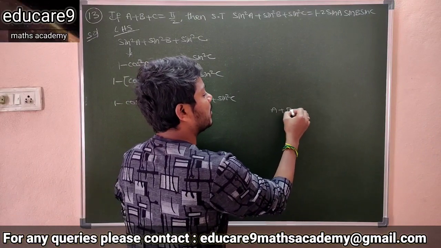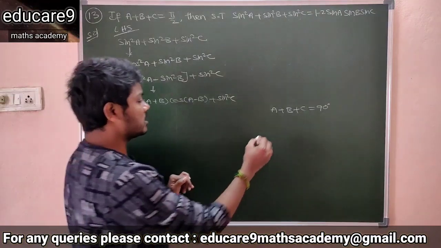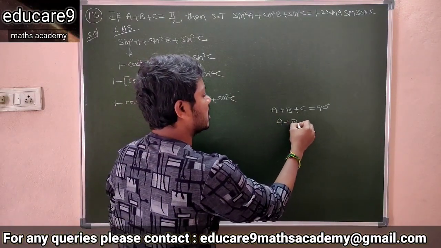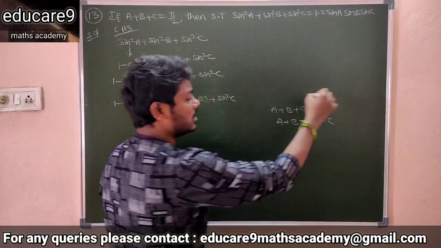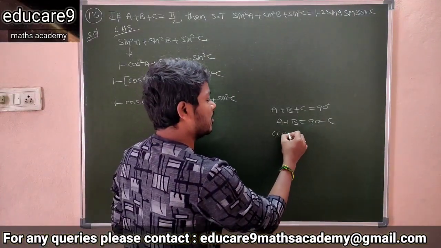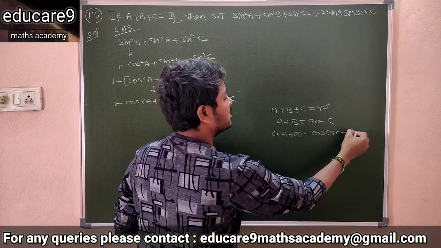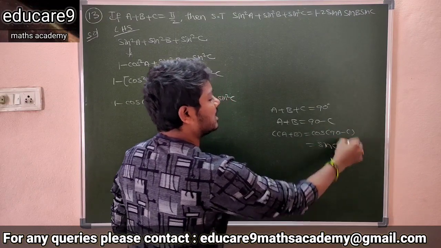But here given a plus b plus c is equal to 90. So a plus b is equal to 90 minus c. Apply cos on both sides: cos of (a plus b) is equal to cos of (90 minus c), which is sin c.